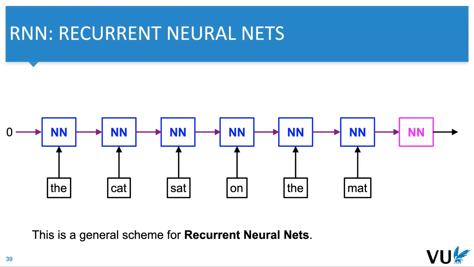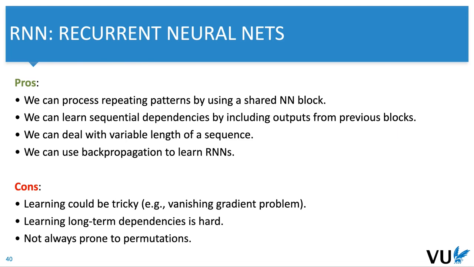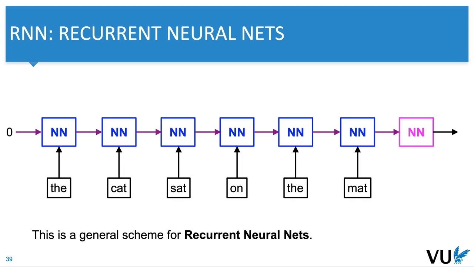No problem here. What are the cons? Learning could be tricky. For instance, the vanishing gradient problem could occur. When in one block the gradient becomes 0 somewhere, it will propagate back to the beginning, and basically we don't learn much.